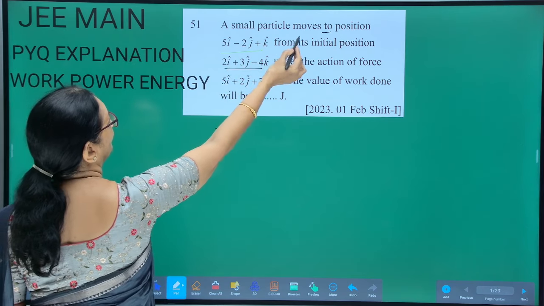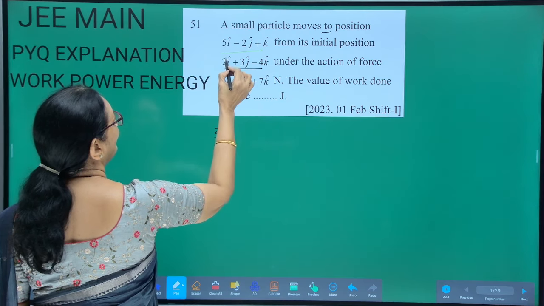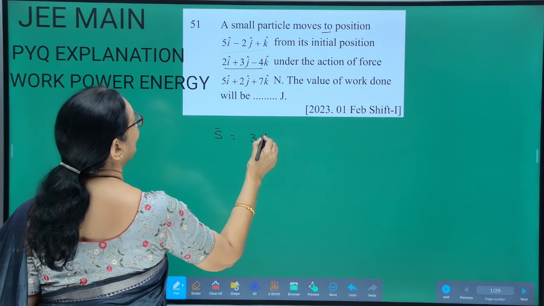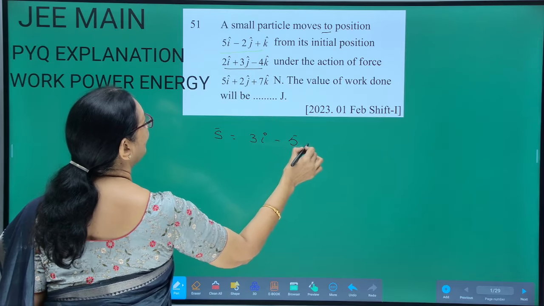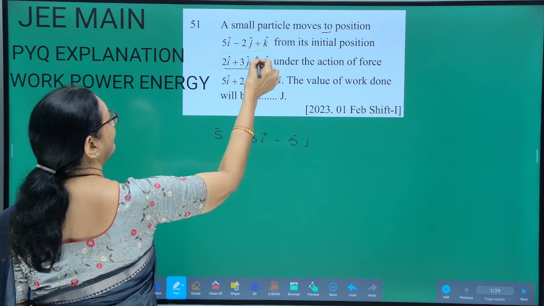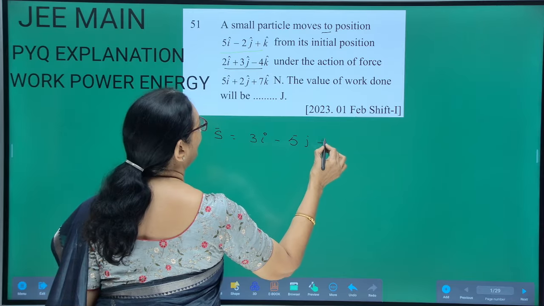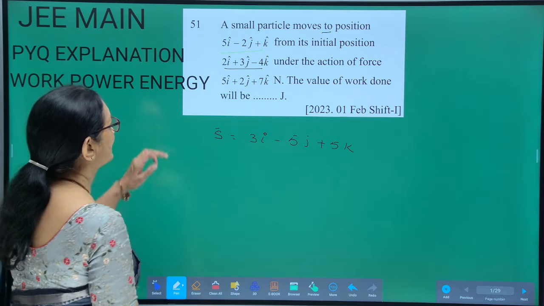So, this is final minus initial: 3i, minus 2 minus 3 is minus 5j, plus 1 minus of minus 4 is plus 5k. That is the displacement.